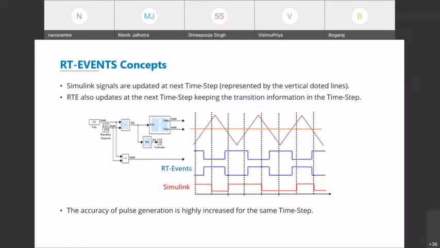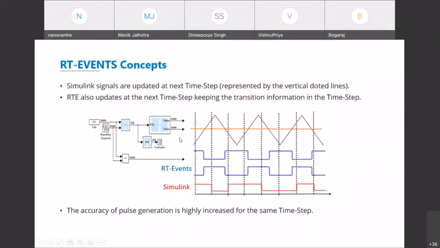Now, this triangle is the carrier wave for us, and this constant over here is the constant value of 0.5. We have kept a logic. Forget about what exactly these blocks are.